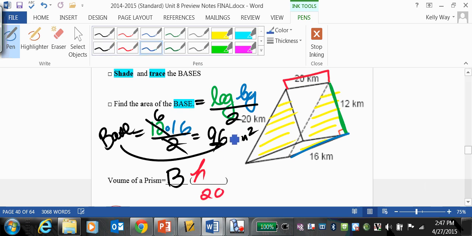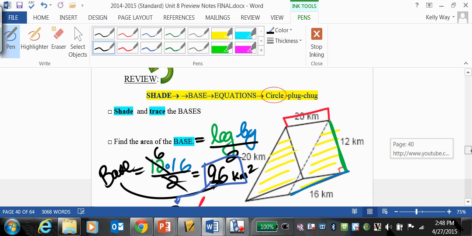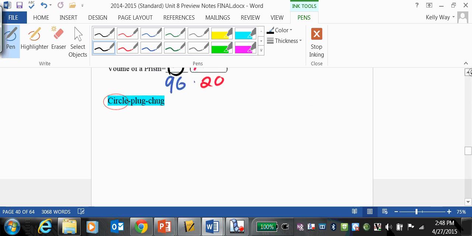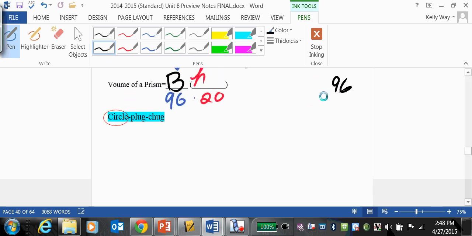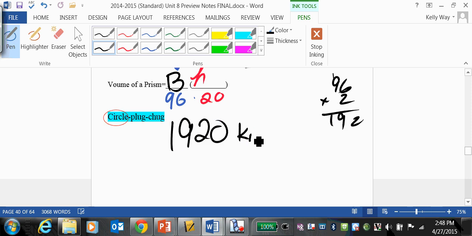The base is 96, so it's 96 times 20, which is basically just 96 times 2. I'm going to do the math longhand. So it's 1,920 kilometers cubed because it is volume.